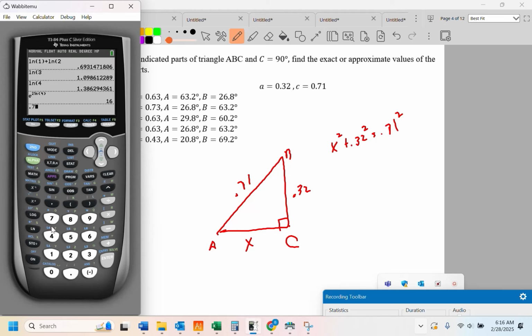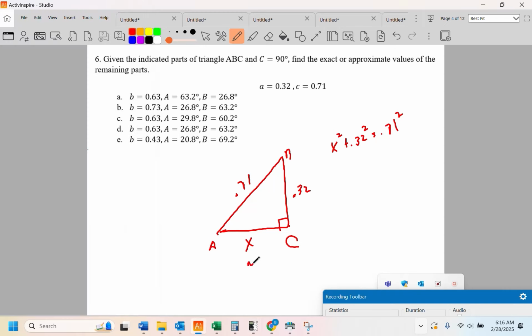So anyways, 0.71 squared minus 0.32 squared is that. Square root of that, 0.63. All right, so little b is 0.63. Going. Now, what's the angle?